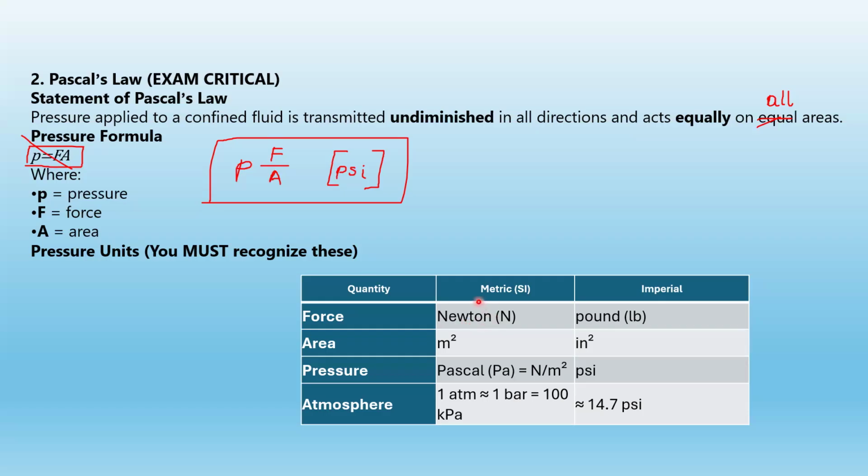With the metric, we have newtons, meters, pascals, atmosphere, and bar. For imperial, we have pounds, square inches, pounds per square inch, and atmosphere. The equivalent in the imperial system: 14.7 pounds per square inch gives us 1 atmosphere.